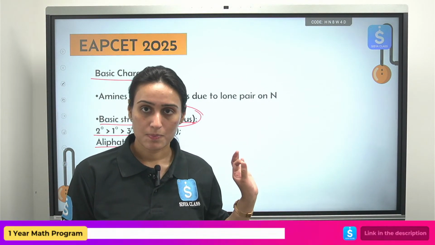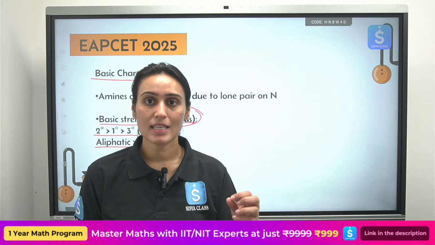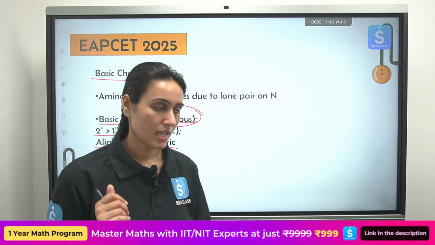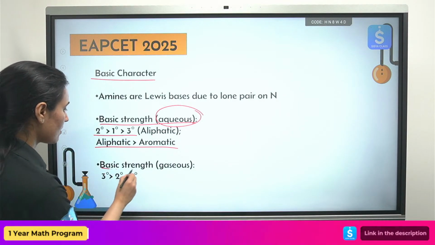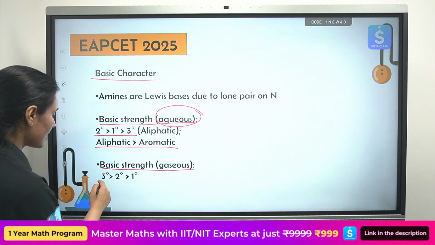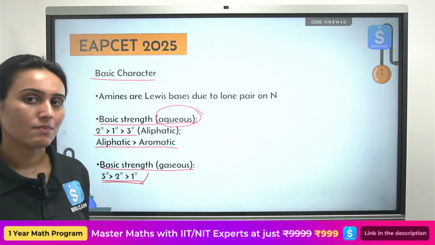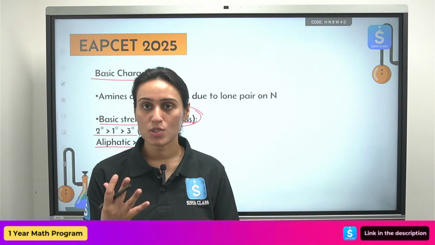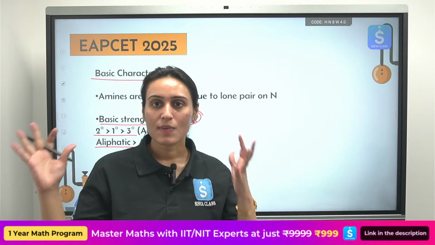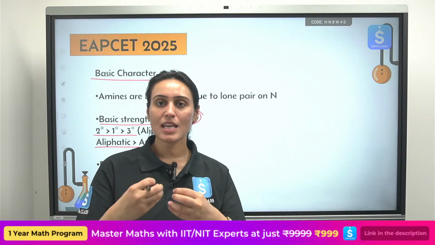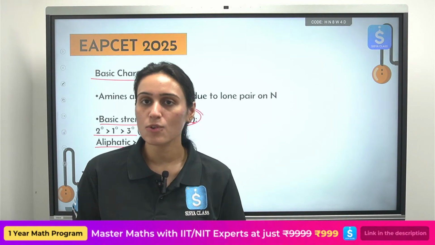So secondary, then primary, then tertiary. This is the order that we will follow. Okay, great. What about the basic strength in gaseous phase? This one is simple. Tertiary, then secondary, then primary. Why are we considering tertiary to be more basic in gaseous phase? Because there are 3 alkyl groups attached. How do we compare the basic strength? How easily we can donate the lone pair of electrons.